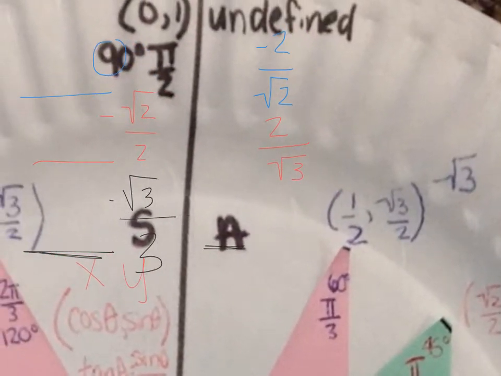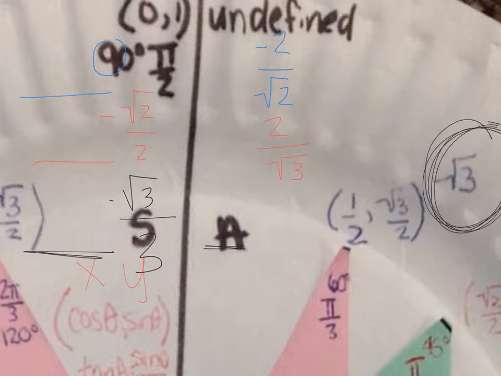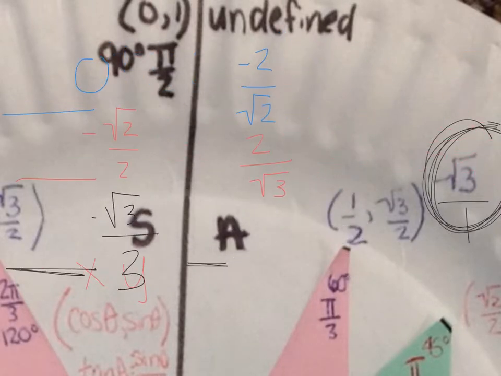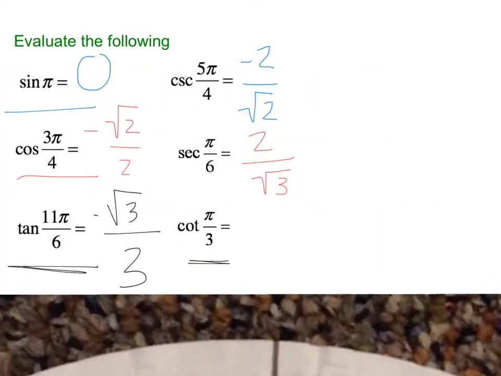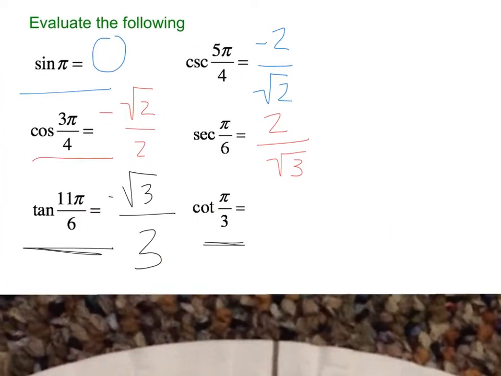And so I see that the tangent is square root of 3, so it's got to have some kind of flip, so we'll call it square root of 3 over 1. So that when I go to flip that, I'll do 1 over the square root of 3. So 1 over square root of 3.